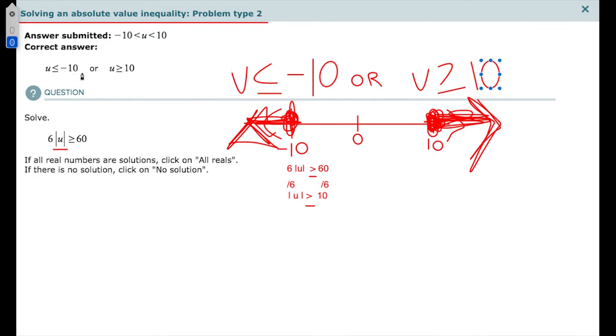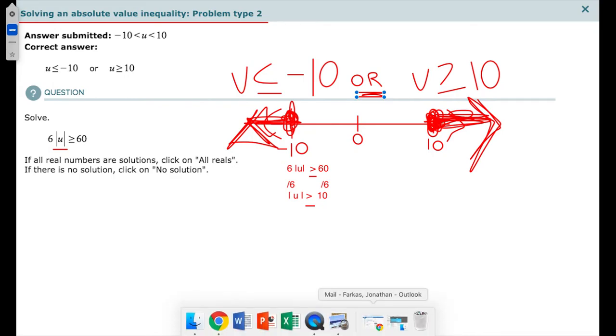So that's why you have these two answers. Since there's no overlap here, we're using or. If these two areas were going at each other, if they were overlapping, we would use an and, or we could write it as a compound inequality.